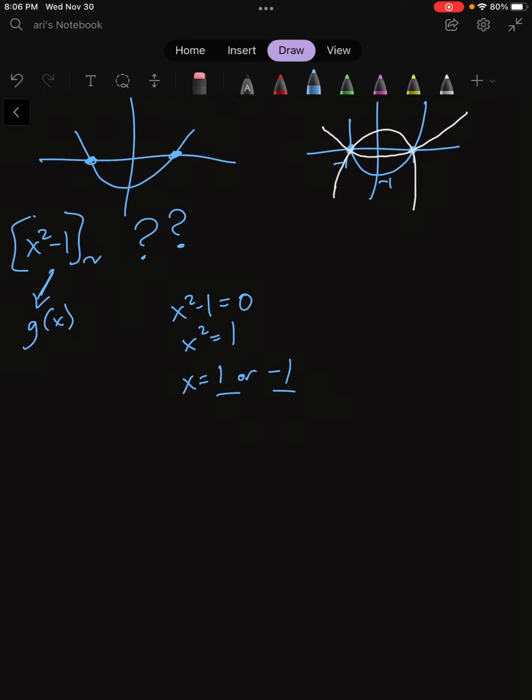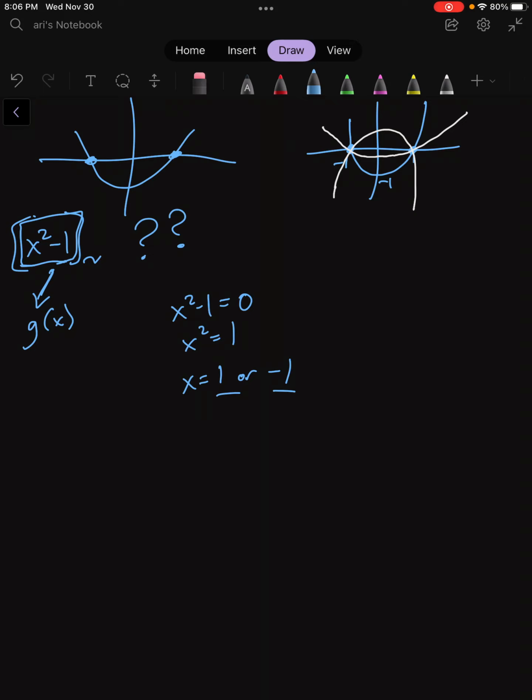So all of them have to have these roots of 1 and -1. So that means that all of them have to have this term in it. I guess the way you could think about it is, how would we flip this parabola upside down? How would we flip x squared minus 1 upside down? The way we would do it is by multiplying it by -1.